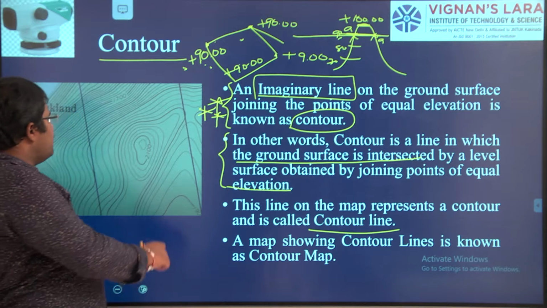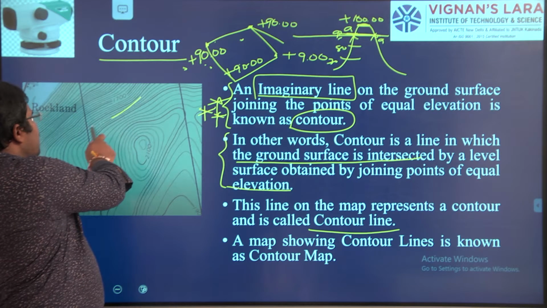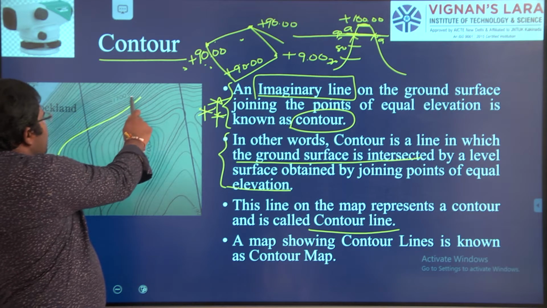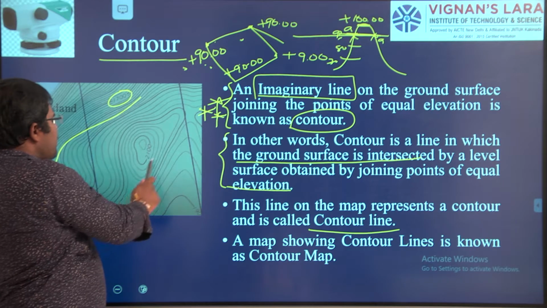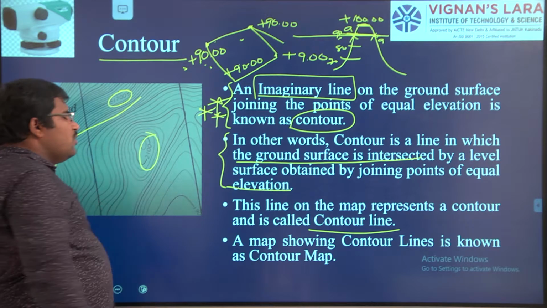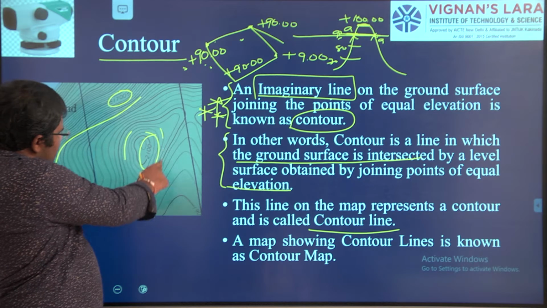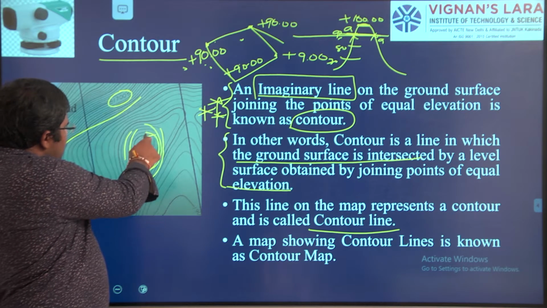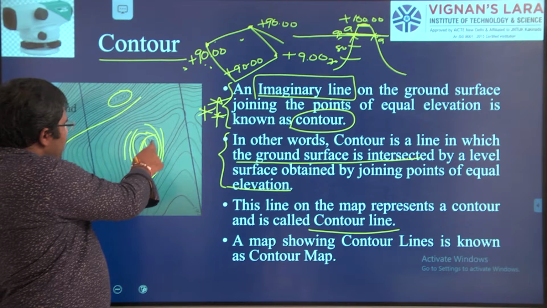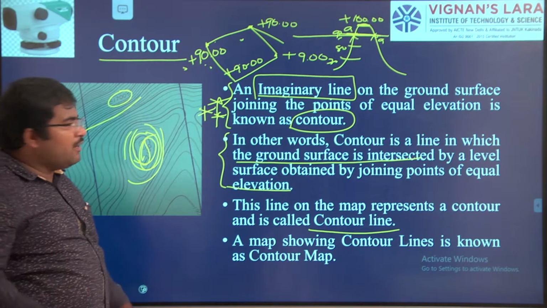Now in this figure you can see there are so many contours. You can see this value is 1700 and this value is 2100. Since it is a hill, we are having the 2100 value.